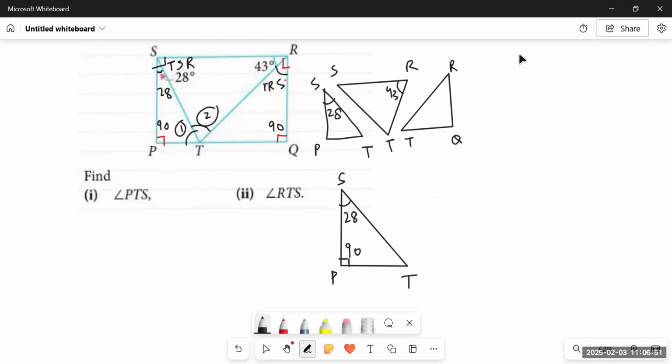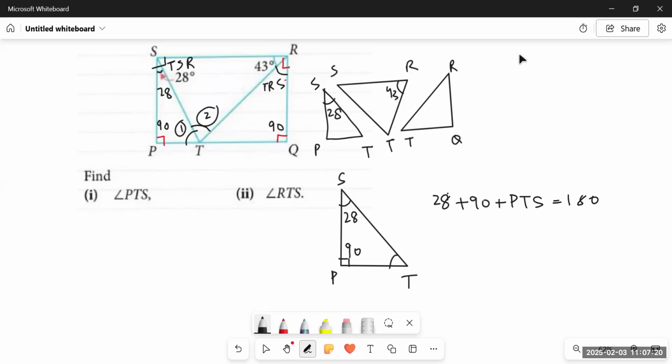So if we have to find angle PTS, 90 plus 28 plus PTS is equal to 180 degrees, since the sum of the three angles in a triangle is always 180 degrees. Using the angle sum property of triangles, angle 28 plus 90 plus PTS, which we have to find, is equal to 180 degrees.